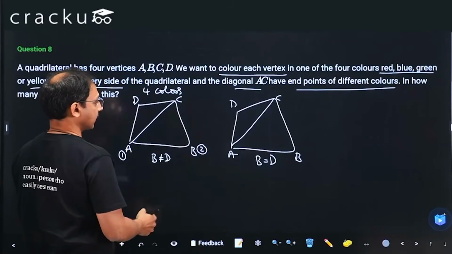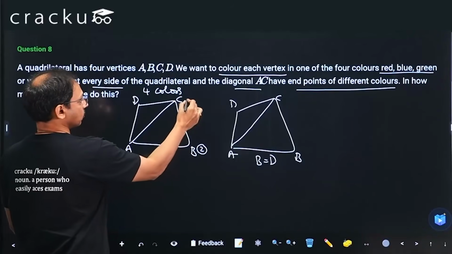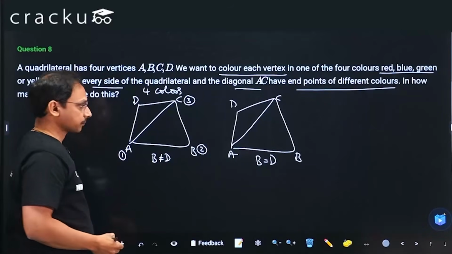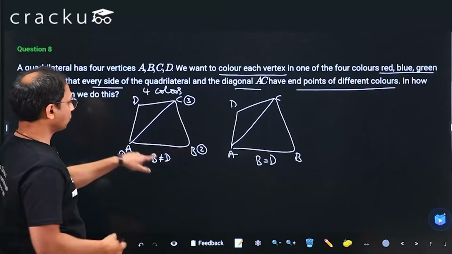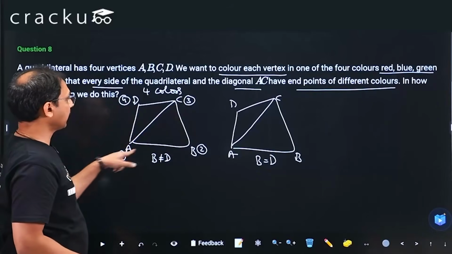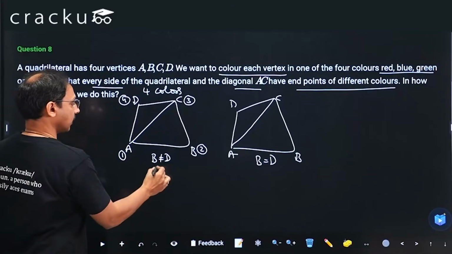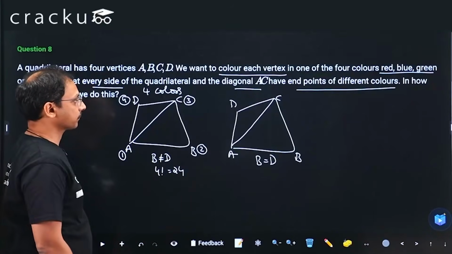C has to have another color. Now it cannot be 1 or 2. So it's a different color. Now D cannot be 1, cannot be 3 and cannot be 2. So it has to be 4th color. So 4 colors I am rearranging in 4 positions. So the number of rearrangements is 4 factorial or 24.